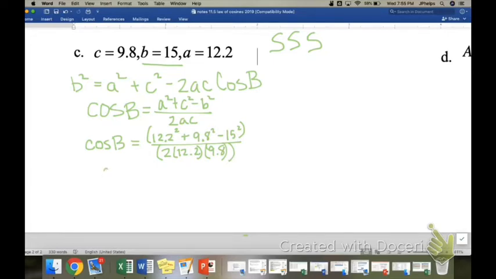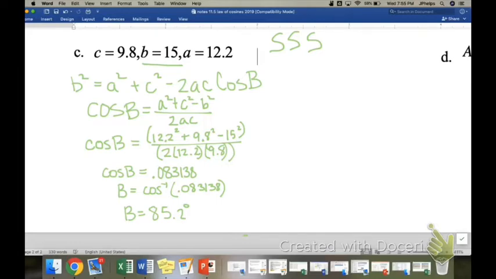So here we've got cosine of angle B is equal to 0.083138. And to get angle B, we need to do the inverse cosine of this answer, which comes out to 85.2 degrees.